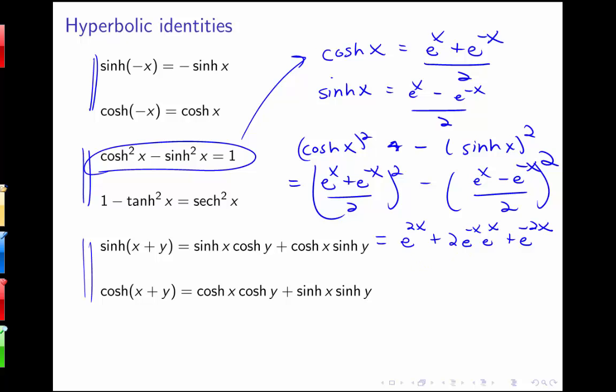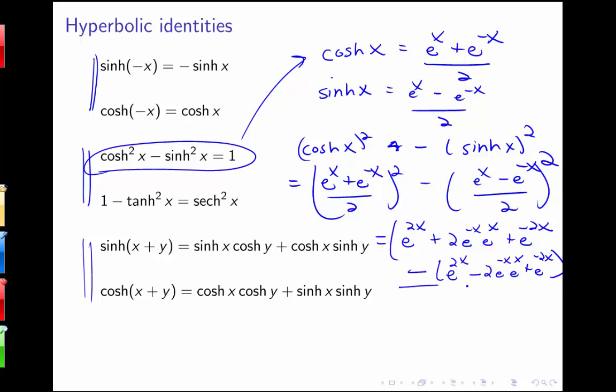And this will be, let's see, minus, and I'll have parentheses here, e to the 2x minus 2 e to the negative x, e to the x, and then plus an e to the negative 2x.